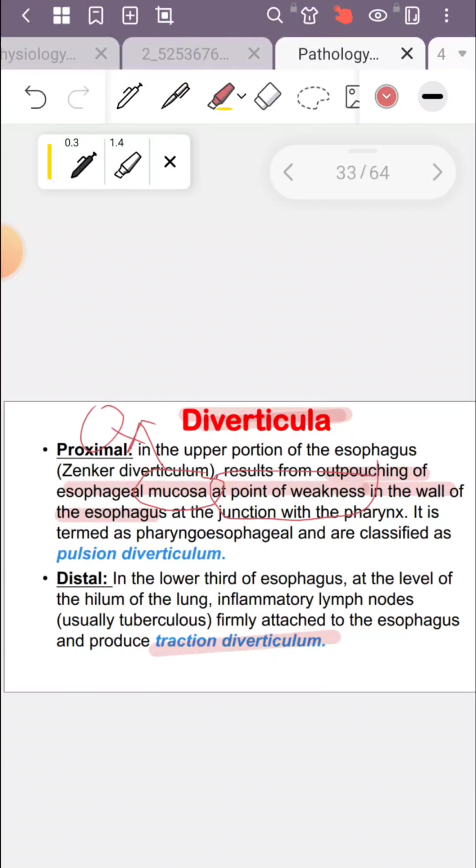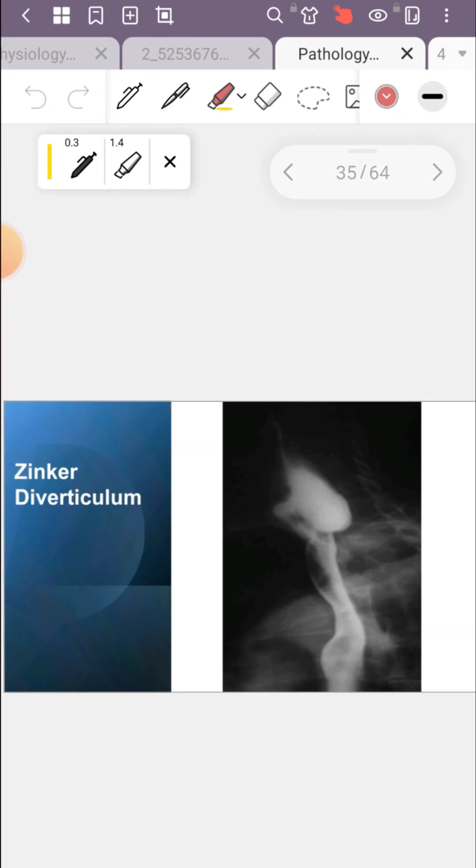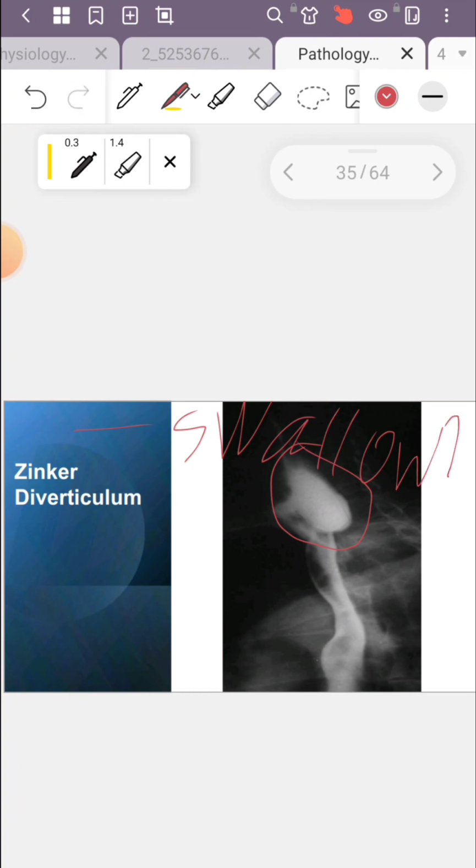Zenker diverticulum, guys. What remains is this protrusion of mucosa. See this outpouching, this protrusion in the upper segment, visible on barium swallow, where the patient takes contrast and an X-ray is done, to demonstrate the lumen of the esophagus and see any mass, filling defect, obstruction or stenosis.